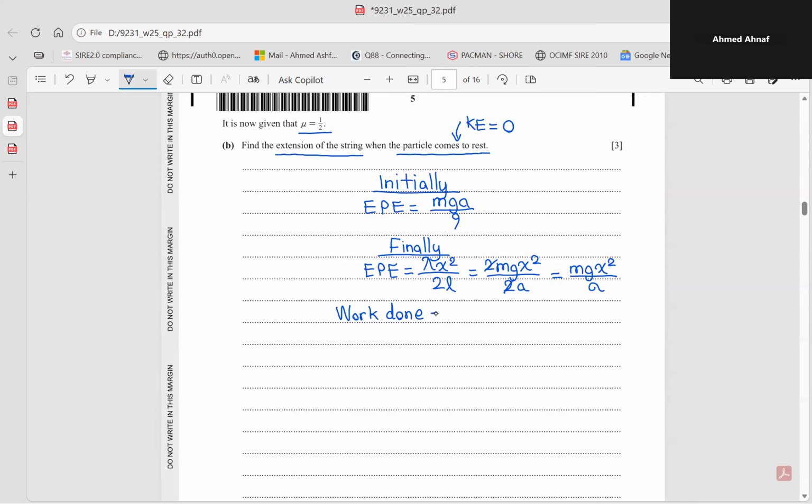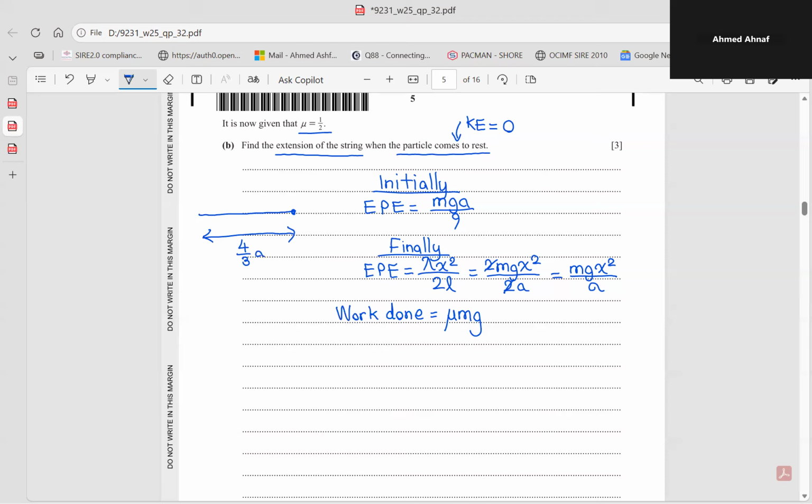Okay. So yeah, work done is just the force times the distance. The force, we already know what it is, mu mg, mu R. And as for the distance, let's draw a quick diagram in here. The initial length is 4 over 3a.